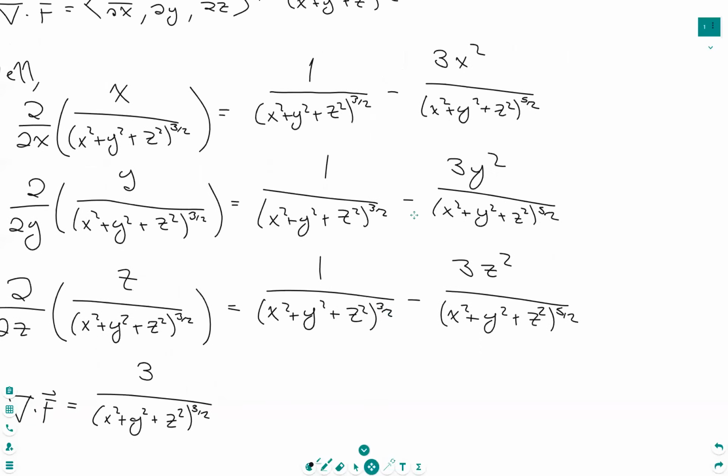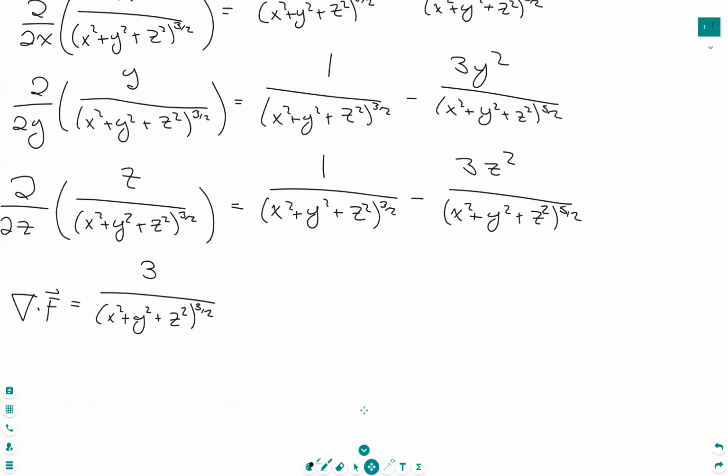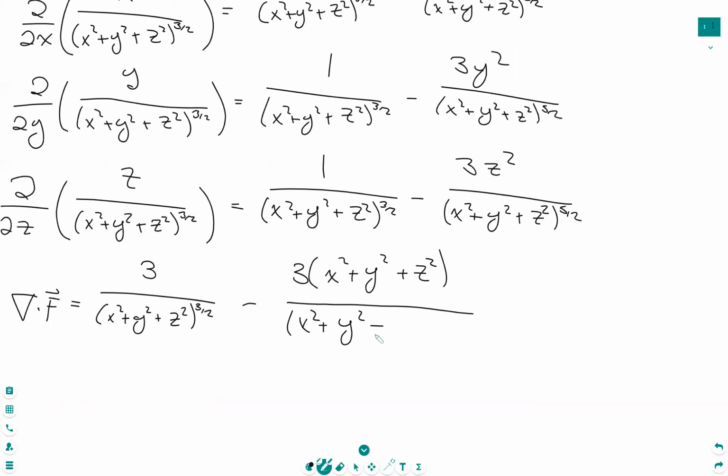Then I have a common factor of 3 for all of these over this denominator, but then I have an x squared plus y squared plus z squared. So this is all minus 3 times x squared plus y squared plus z squared over x squared plus y squared plus z squared to the 5 halves.